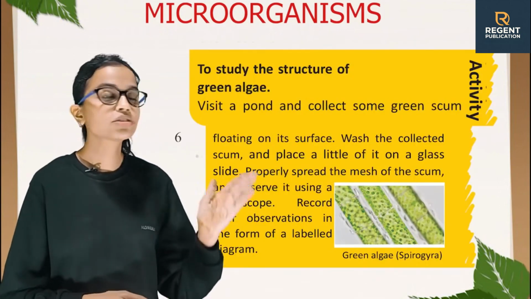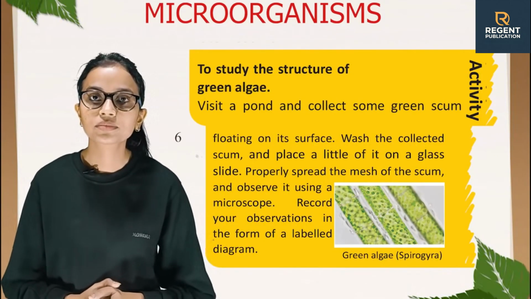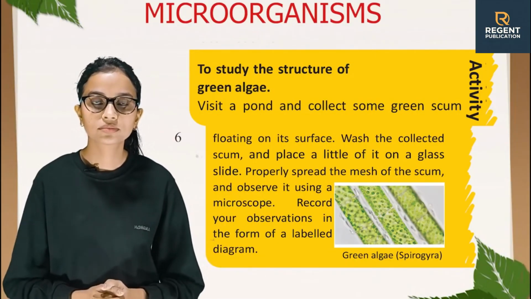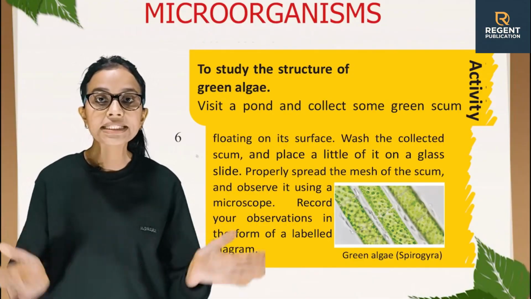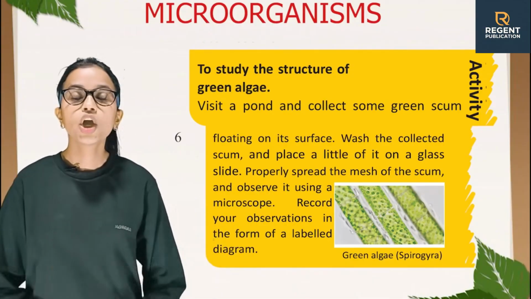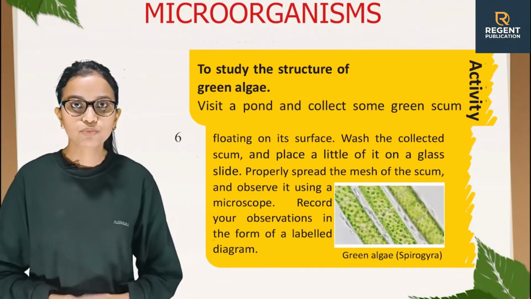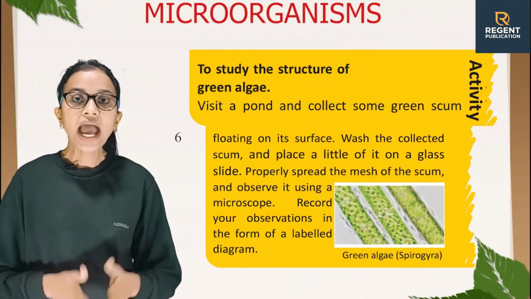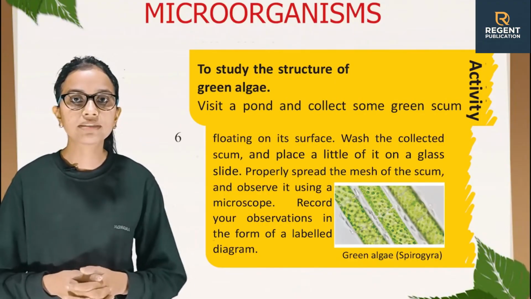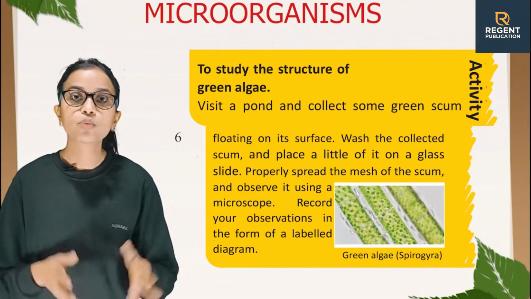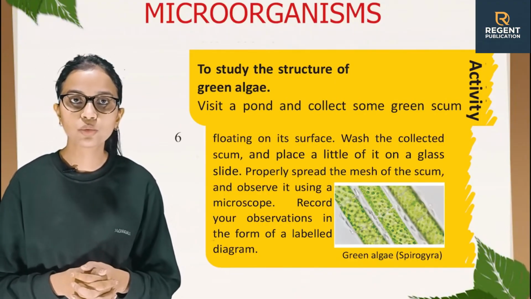Now, to study the structure of green algae, there is an activity. Visit a pond and collect some green scum floating on its surface. Wash the collected scum and place a little of it on a glass slide. Properly spread the mash of the scum and observe it using a microscope.